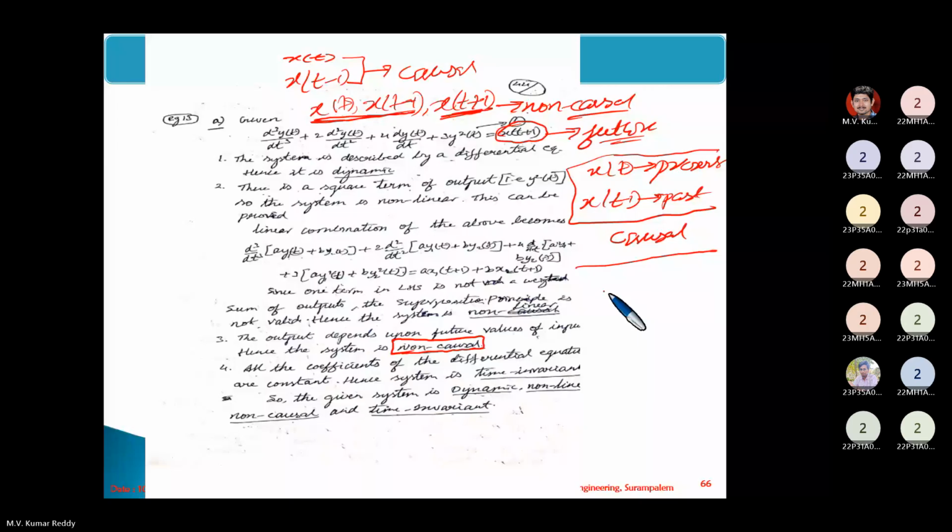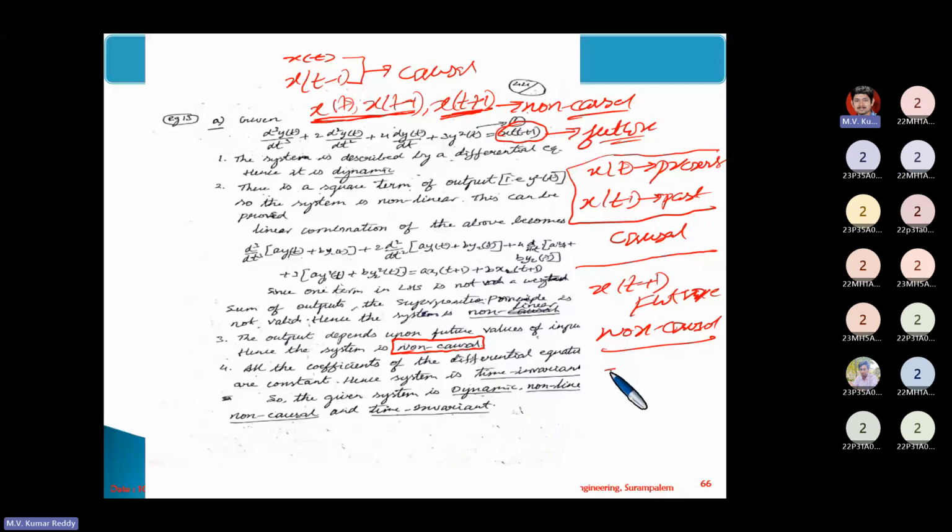If the system has a future value, t plus 1 means it is future, then it is called non-causal. Sir, can non-causal have x of t minus 1? Yes, it can. For non-causal it has present, past and future. It has three terms. If it has three terms, then it is called non-causal. If it has only two terms, that is present and past, then it is called causal.